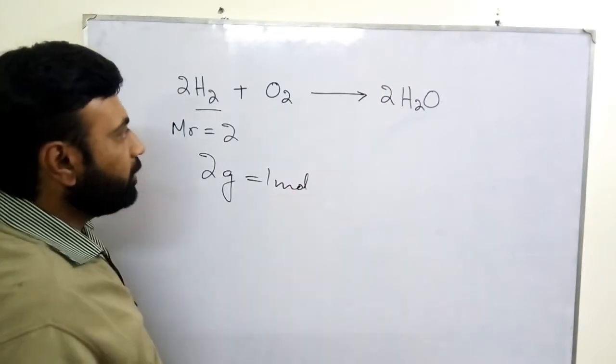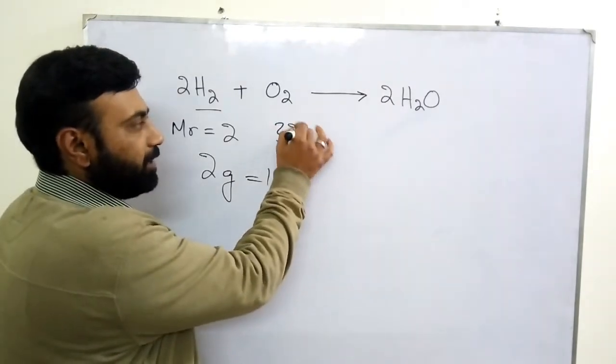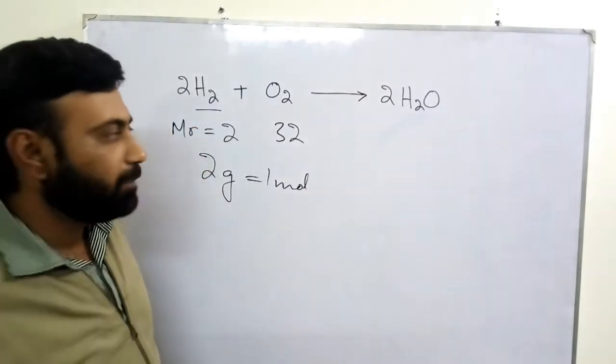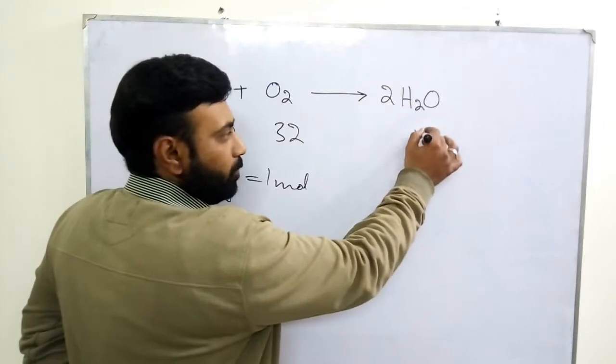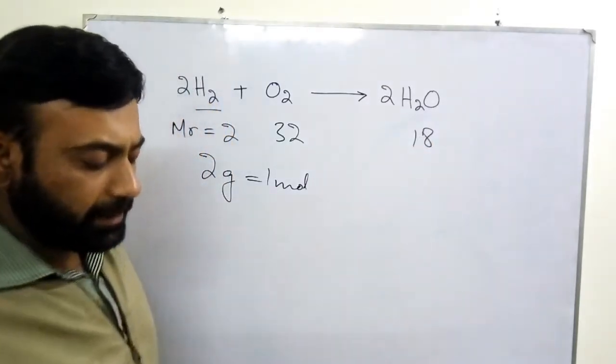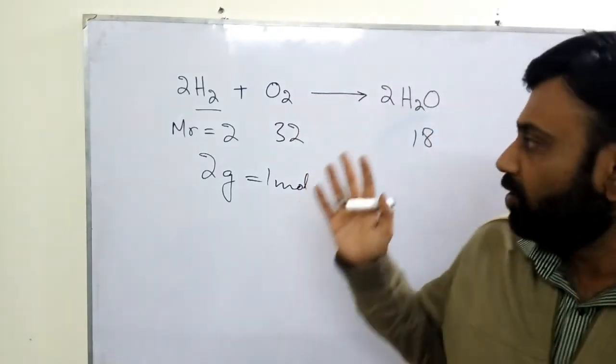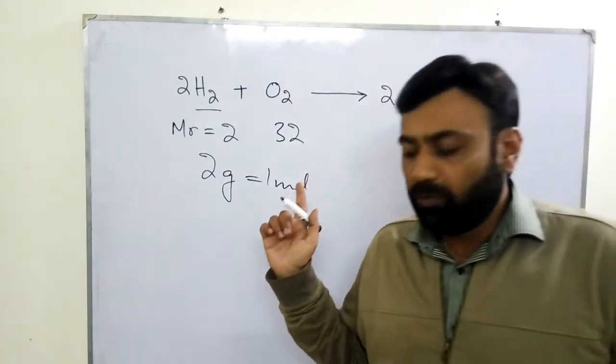Similarly, molecular mass of oxygen is 32, so its 1 mole will contain 32 grams. Molecular mass of water is 18, so that means 18 grams of water will be 1 mole of water.